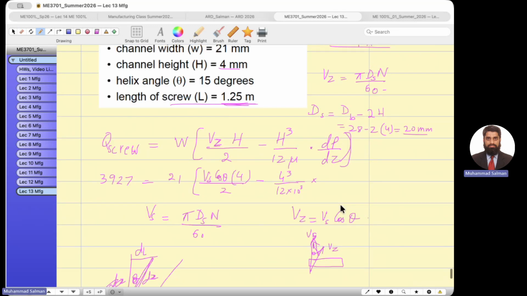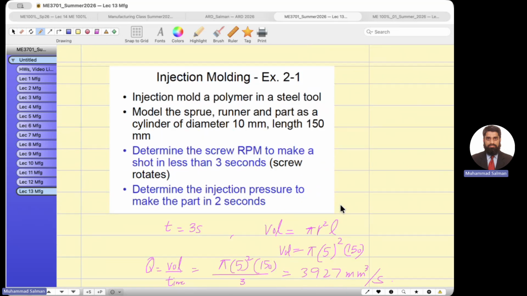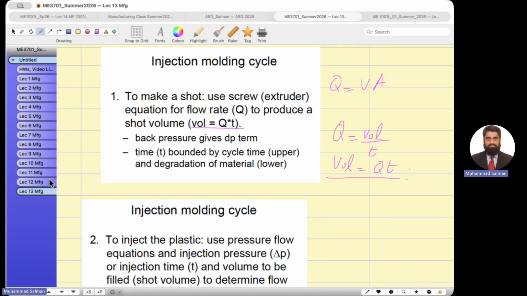And if you closely look at the statement, look, the statement is showing you. I think I missed one slide in the data. Screw RPM.